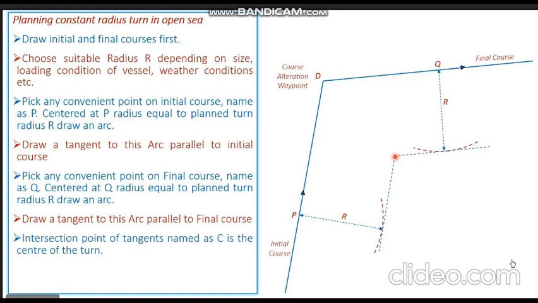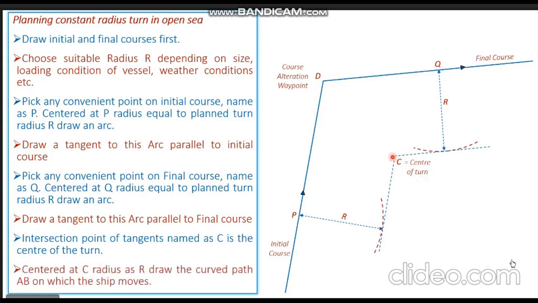Now the point where both these tangents intersect, the intersection point of the tangents, is the center of our turn. So this point is named as C, Charlie, and this particular C point is the center of our turn. Now you can pick up the compass again, center the compass at point Charlie and draw an arc. So centered at point C, radius equal to our planned radius, we draw an arc.